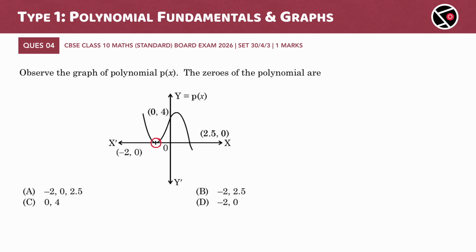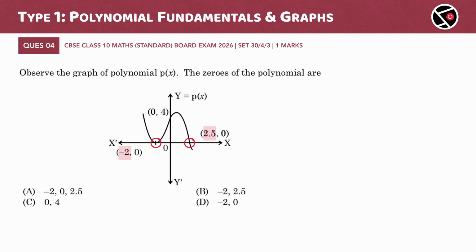The 0 of a polynomial is the x value. So we have a 0 at x equals -2. The graph cuts the x-axis again at 2.5, 0. So we have one more 0 at x equals 2.5.